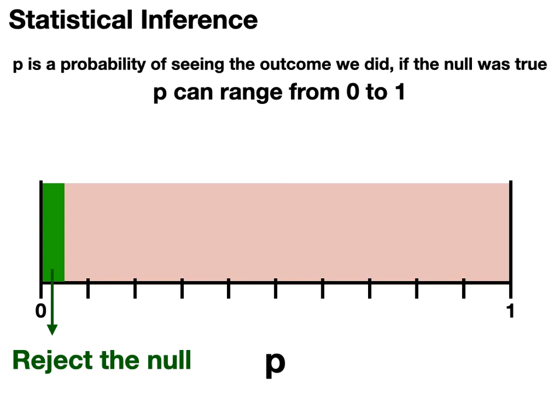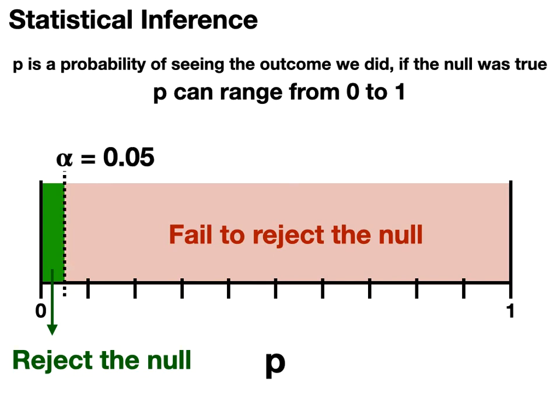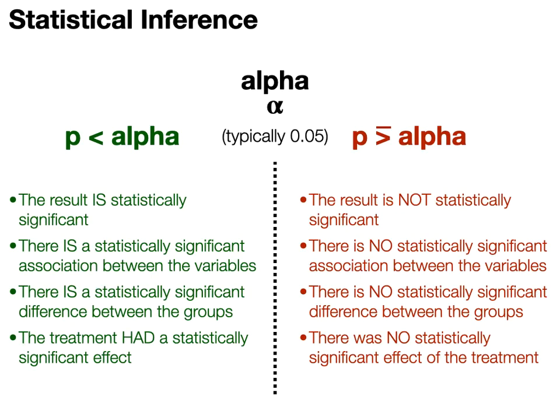And what we do in that case is we reject the null hypothesis. If P is fairly large, we fail to reject the null. And by convention in biology, the most common place to draw that line is a p-value of 0.05. So the most common alpha threshold is 0.05. But it's not the only alpha threshold you could have.